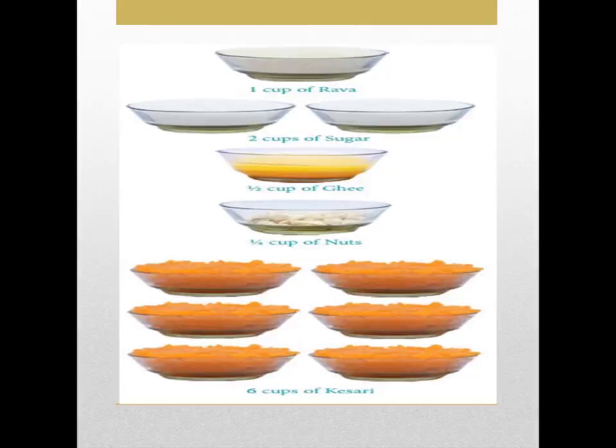So, we can extend this concept to perform stoichiometric calculations. 1 cup of rava, 2 cups of sugar, half cup ghee, 1/4 cup nuts is equal to 6 cups of kesari. Like that, in chemistry, we are balancing the chemical equation.